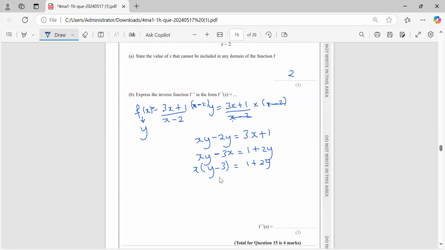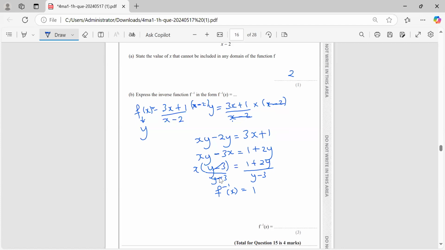And then because I'm trying to make x the subject of the formula, I'm going to divide both sides by y minus 3. So this x is now the inverse of f of x. These y, I convert them to x.